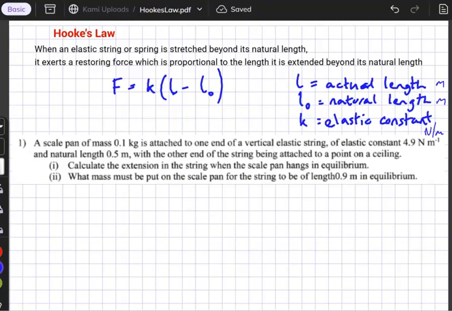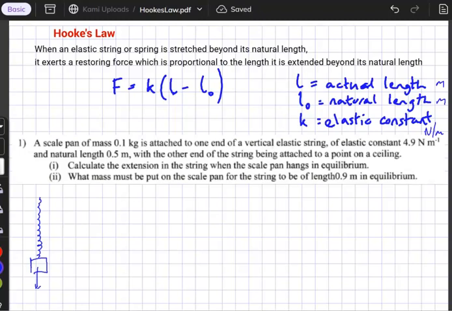A scale pan of mass 0.1 kilos is attached to one end of a vertical elastic string. So we can imagine we've got our mass, it has a weight, and there is a spring or string.